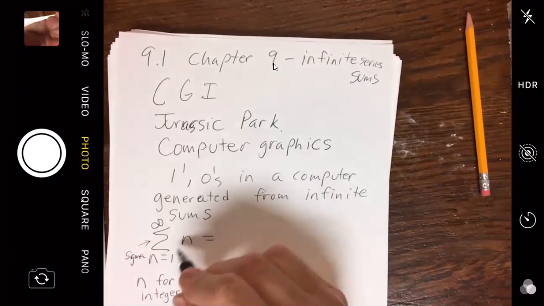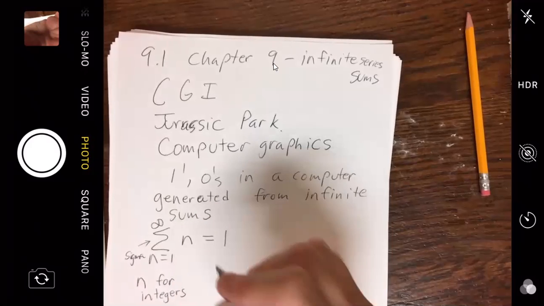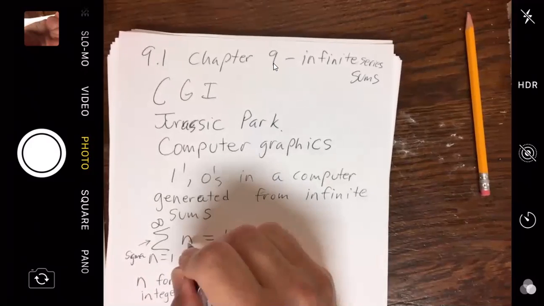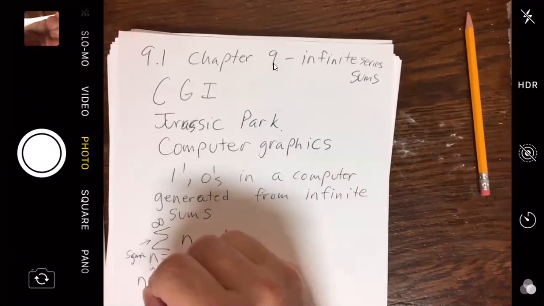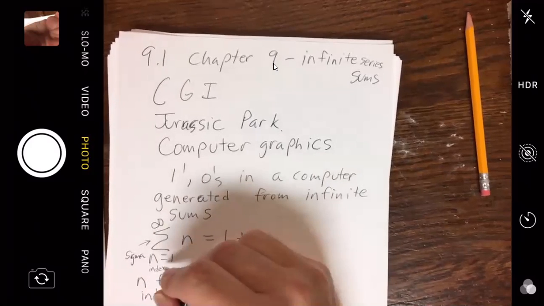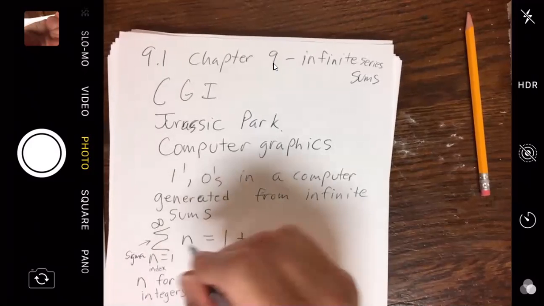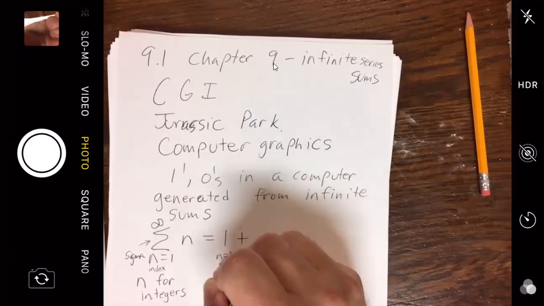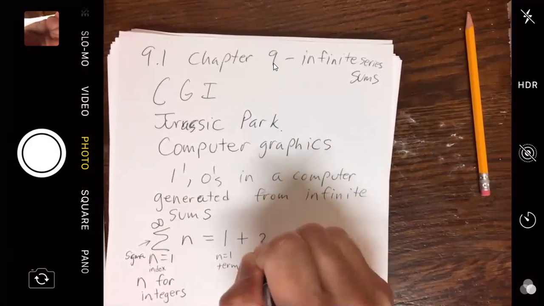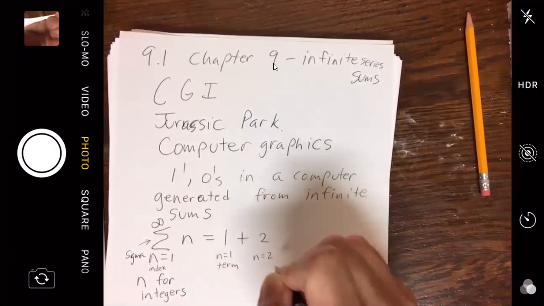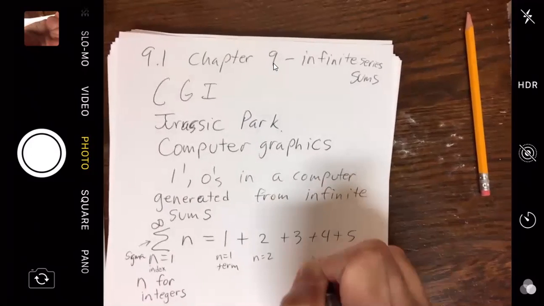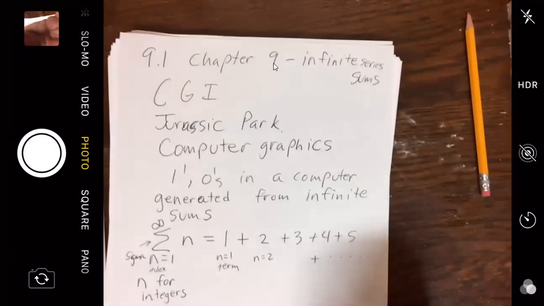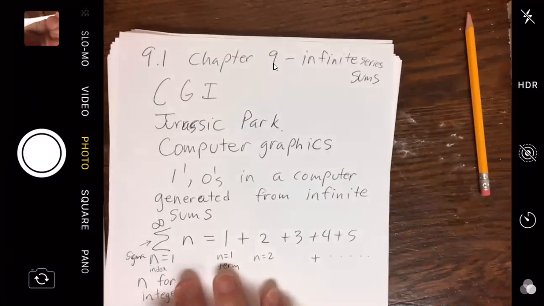They mean to plug in 1 and then add, you plug in 2, and you use whole numbers. This is called the index. You add the n equals 1 term, to the n equals 2 term, plus 3, plus 4, plus 5, and this goes on to infinity, forever.